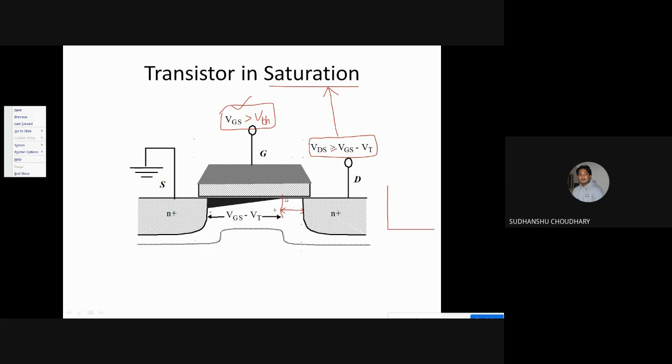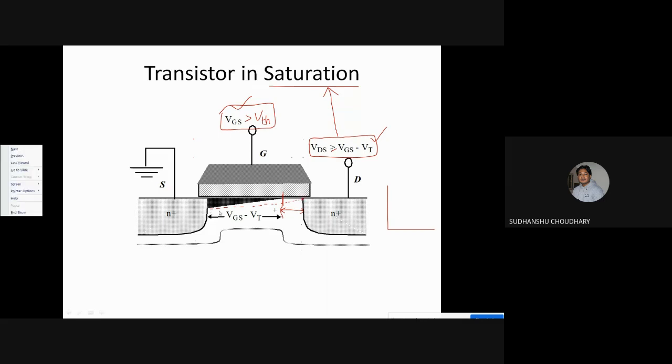Then for pinch off, that is, for reaching saturation, the drain to source voltage should be greater than or equal to VGS minus VT. If it is greater than VGS minus VT, the channel ends up here only. If it is equal to VGS minus VT, then the channel will end up here at the drain.